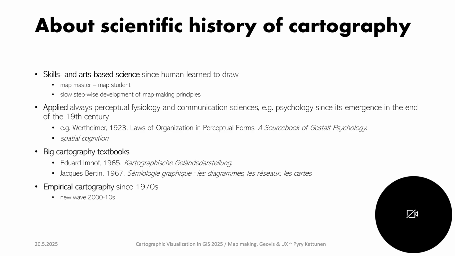But then later, when science as such developed further, and importantly, psychology emerged at the end of the 19th century, psychology created these theories of perceptual forms, or this Gestalt theory, and the discipline of spatial cognition emerged in those days, about 100 years ago.